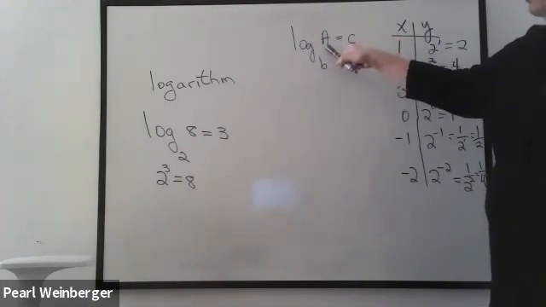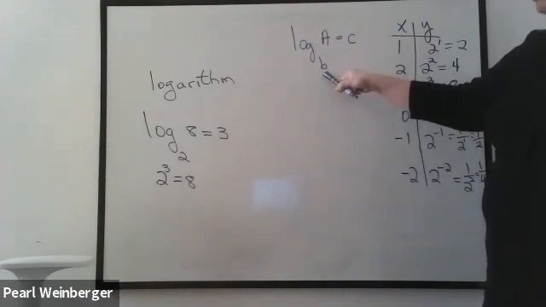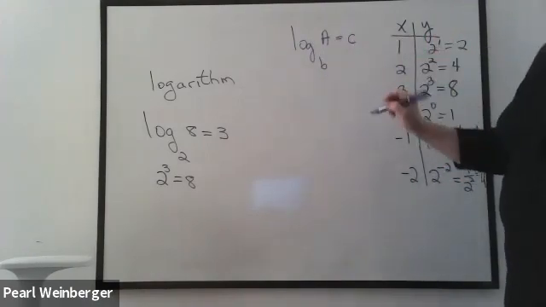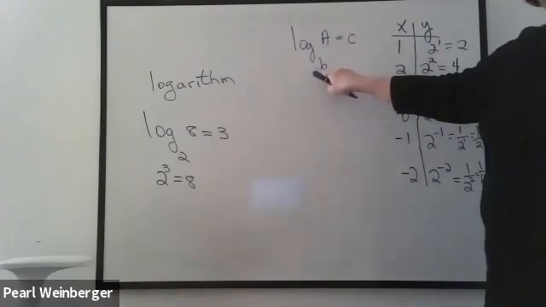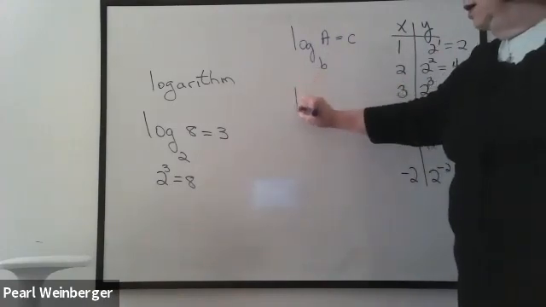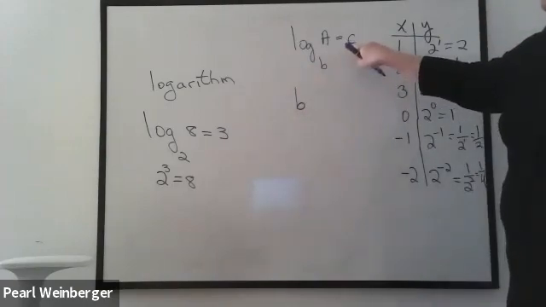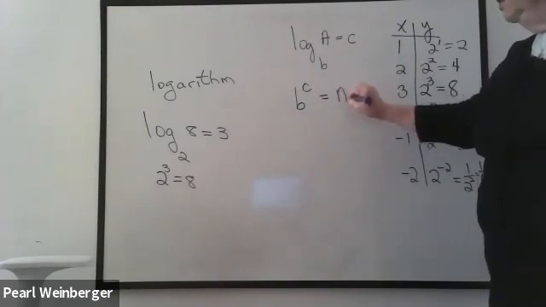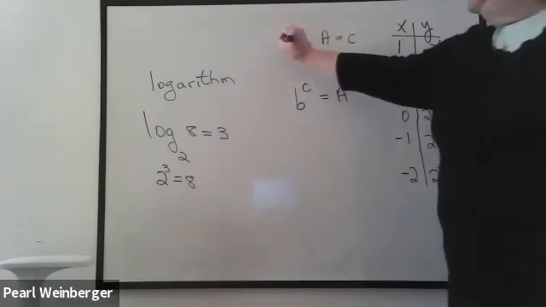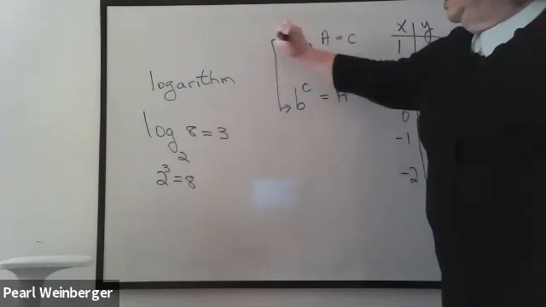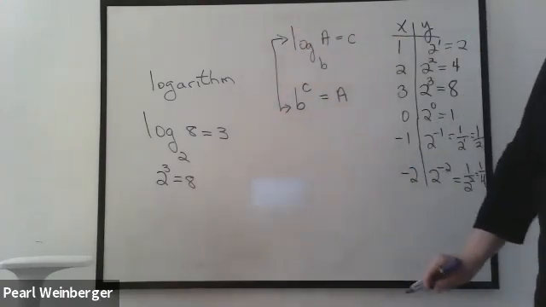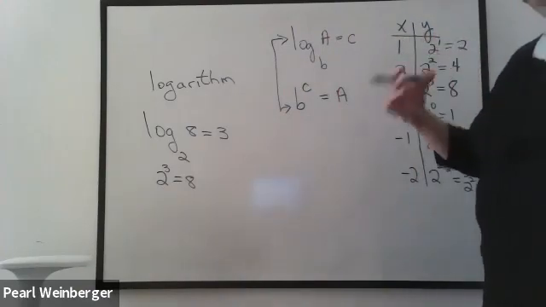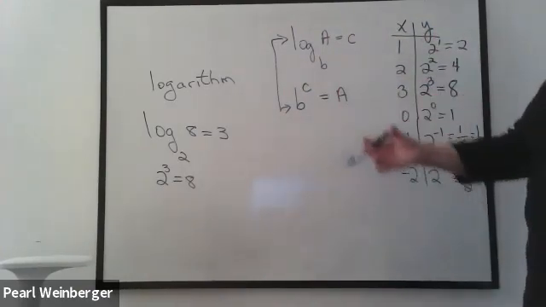In other words, this is on the same level. This is a subscript, equaling c. What that means is that if we take the base b and put it to the exponent c, that is going to give us the value a. These two things are identical, and they mean the same thing. They're just looking at things from a different perspective.